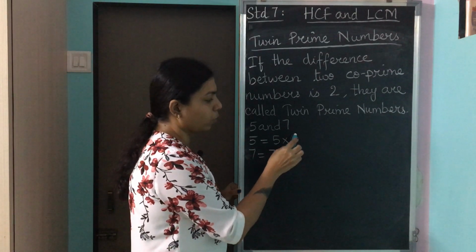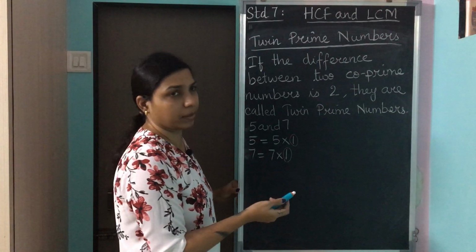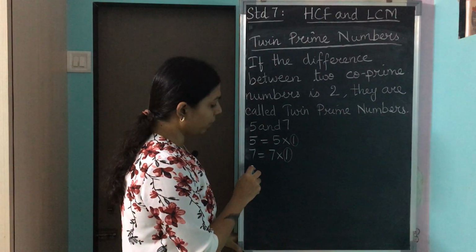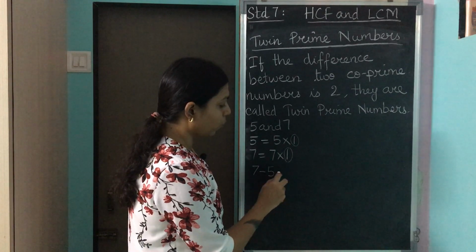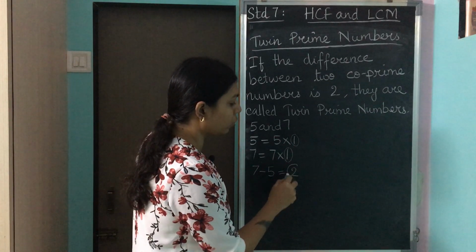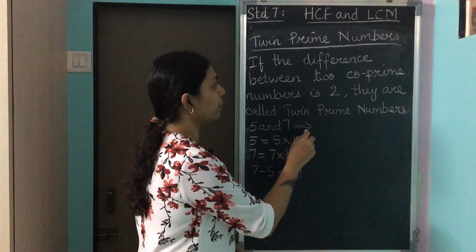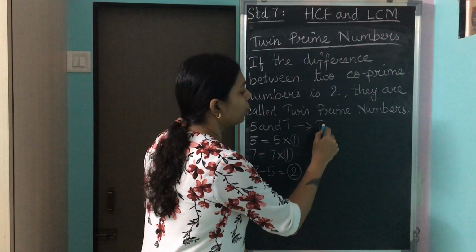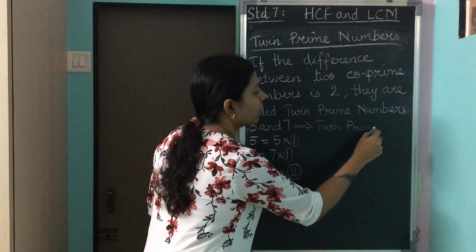Only the number 1, which means that they are co-prime numbers. But then when we subtract the numbers, 7 minus 5, we get the answer 2. So this means that 5 and 7 are twin prime numbers.